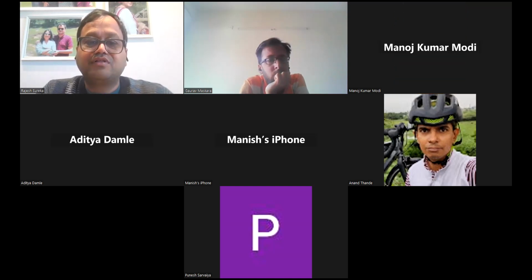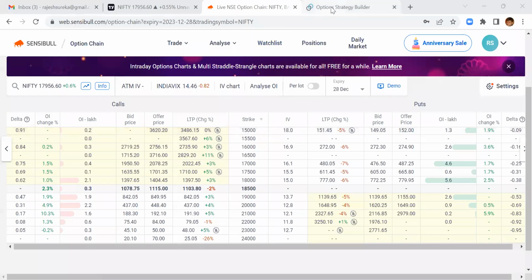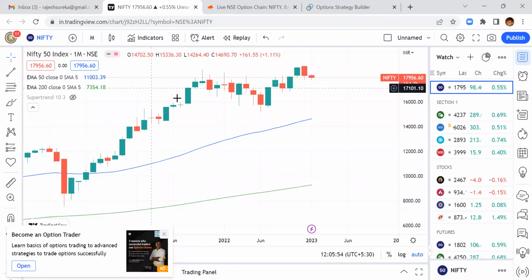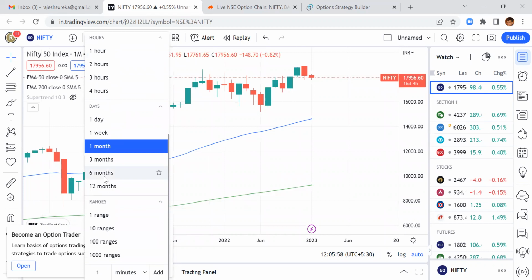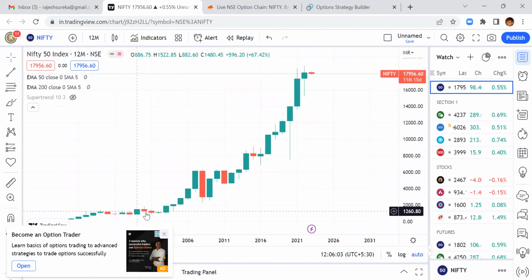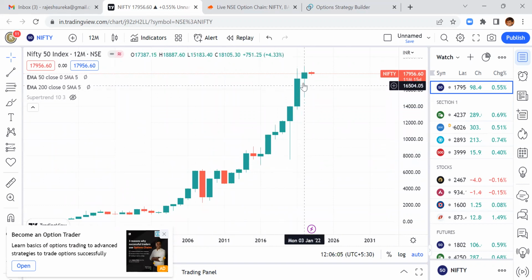Because if you see Nifty's long-term chart, we have discussed this earlier also, Nifty is moving in one direction, which is up. If you see the monthly chart of Nifty, or the yearly chart, the 12-month chart of Nifty, Nifty is going up. In the long term, Nifty goes up.